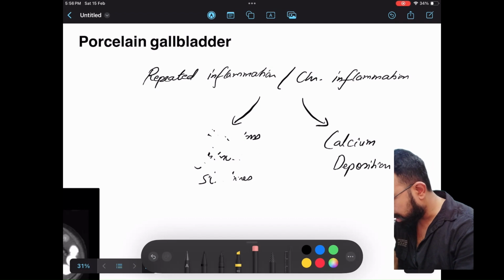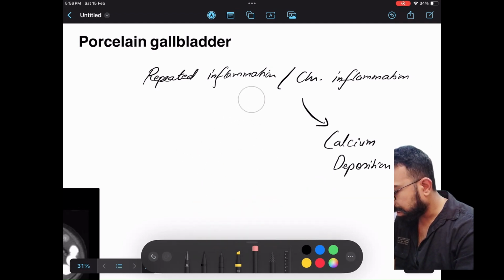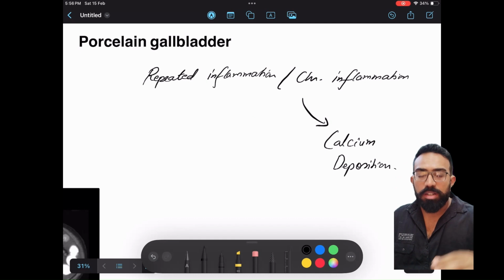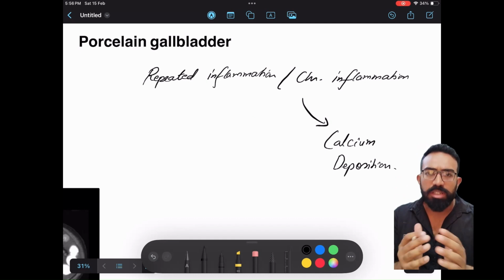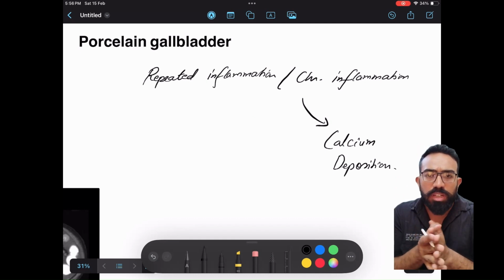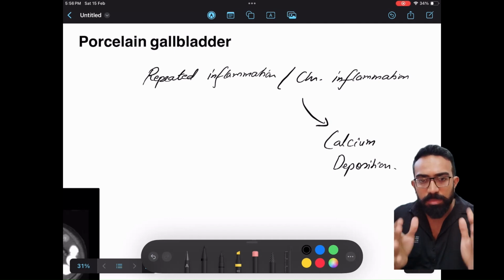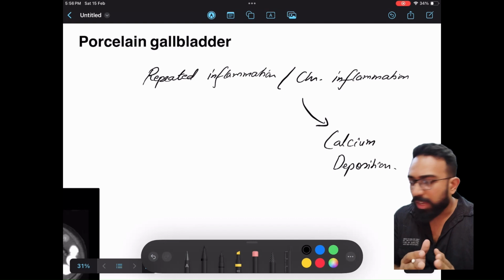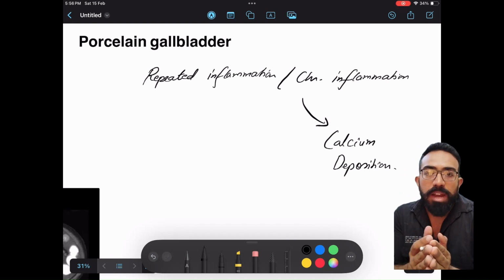So when this happens with the gallbladder, because of repeated inflammation, repeated biliary colic, repeated infections of the gallbladder, there is calcium deposition around the gallbladder. This is called porcelain gallbladder.